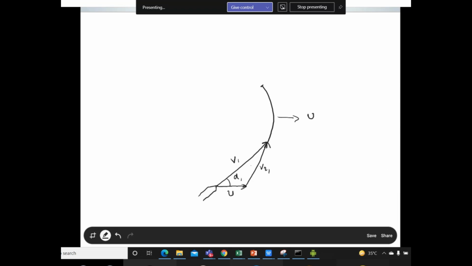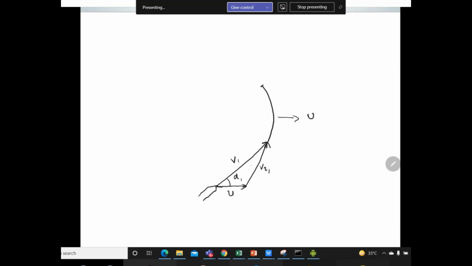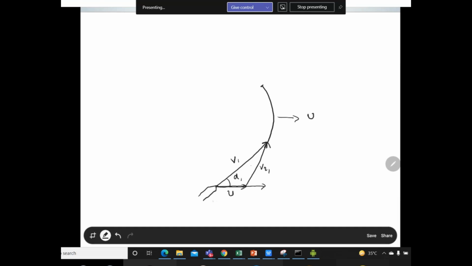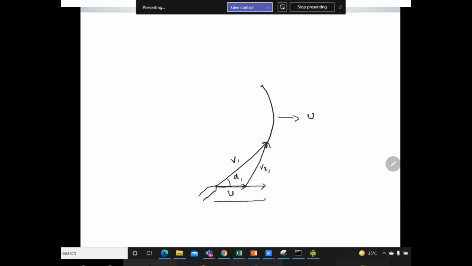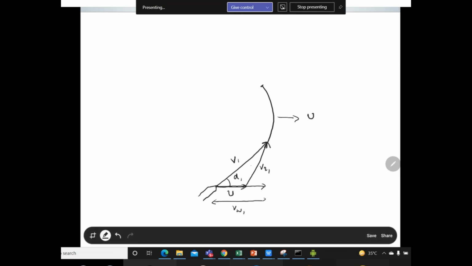Another important point: as there is v1, the absolute velocity, it has two components, one in the tangential direction and one in the axial direction. The tangential direction component we mark as VW1, the whirl velocity, which is the tangential component of your absolute velocity.